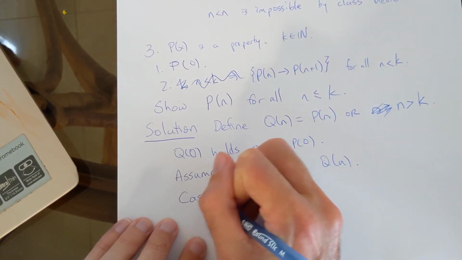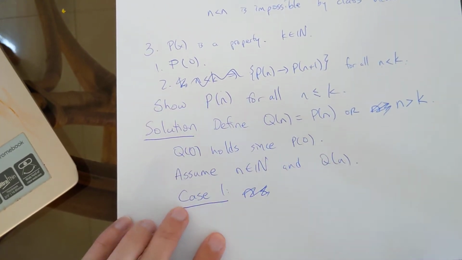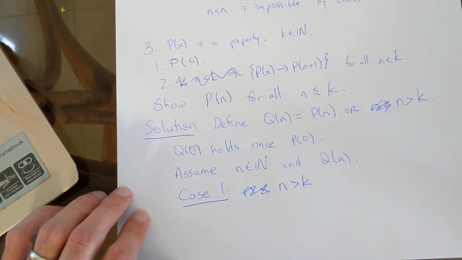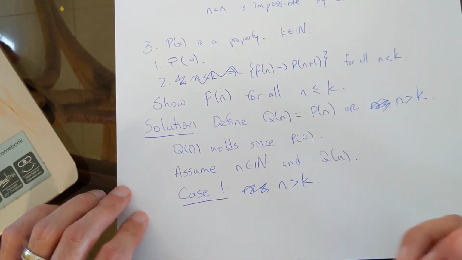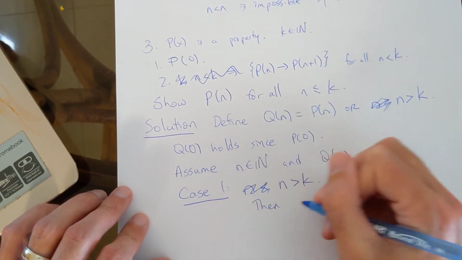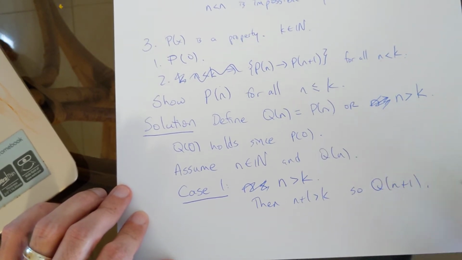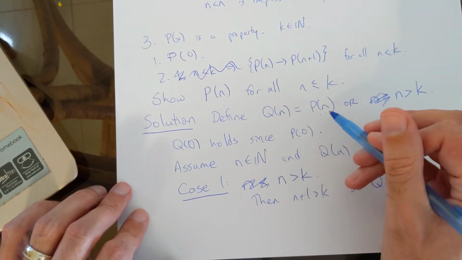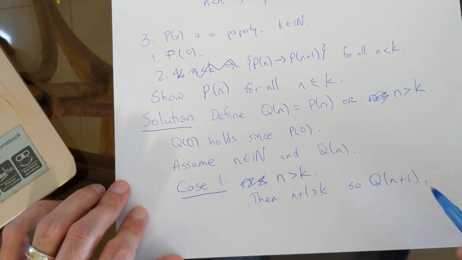Case 1, n is bigger than k. Well, if n is bigger than k, then n plus 1 is also bigger than k. So Q of n plus 1, because we only need one or the other for Q. Q of n plus 1 just says P of n plus 1 or n plus 1 bigger than k. We've shown n plus 1 is bigger than k, so Q of n plus 1.